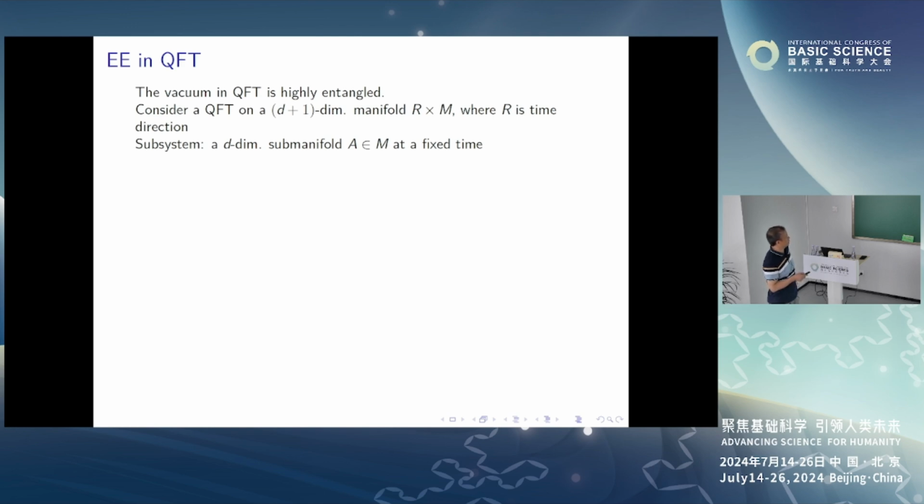In this case, we can consider a quantum field theory defined in d+1 dimensions, with one time direction and a d-dimensional spatial manifold. The subsystem is defined at a time slice, as a submanifold M of this spatial manifold.